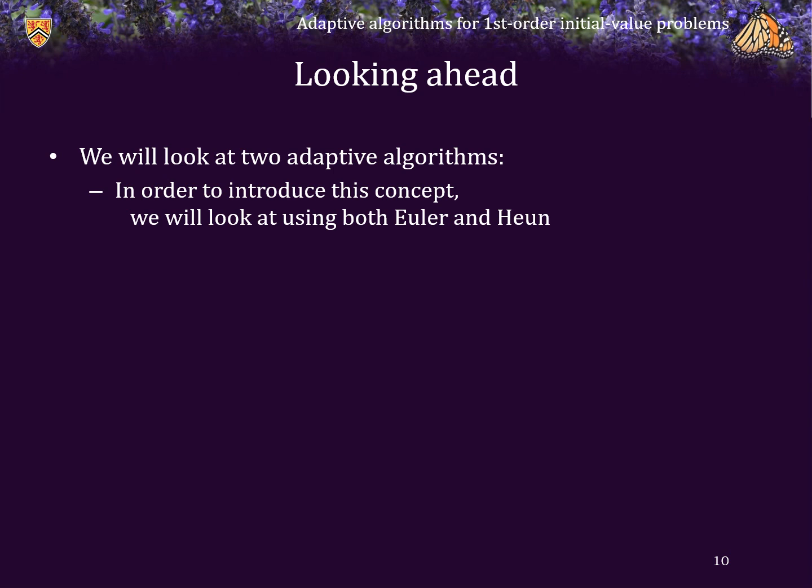This is going to be useful because the error analysis will be much easier, and it will hopefully introduce the material in such a way that you can easily understand what's going on. Having done so, we will then look at a very recent algorithm, one that was first described in 1980, the Dormand-Prince algorithm, one that is used quite often in industry.